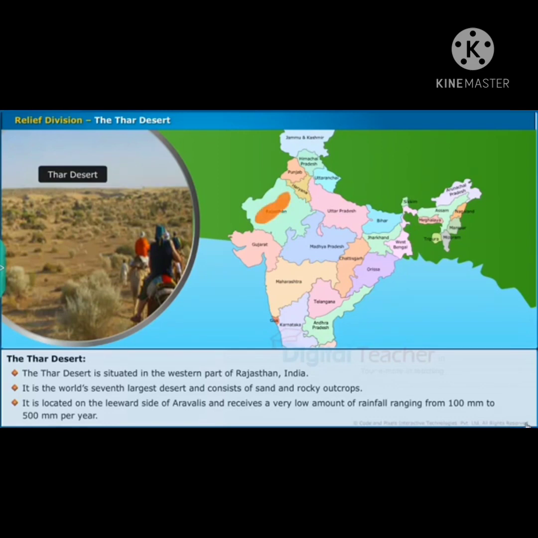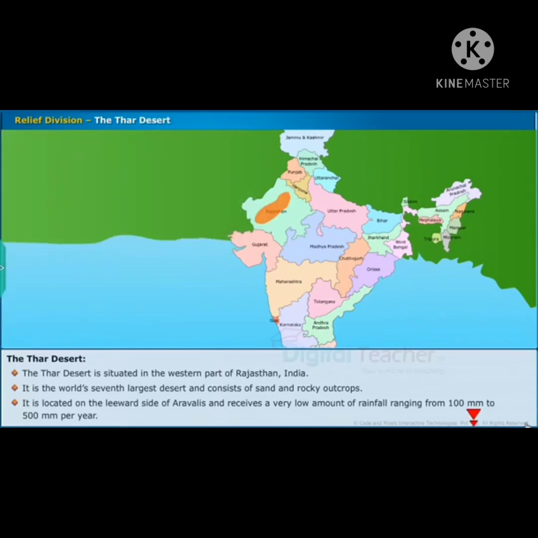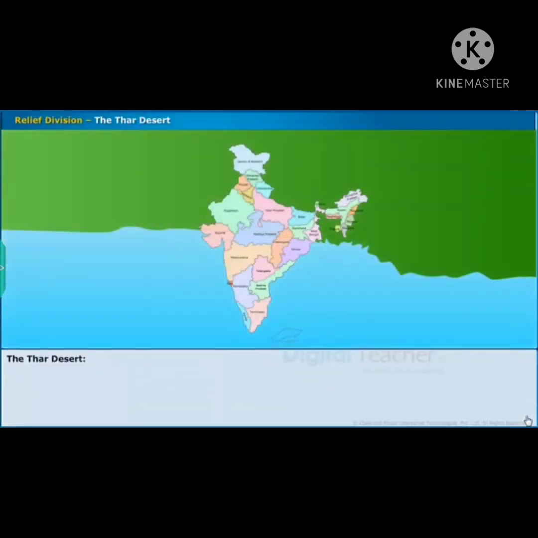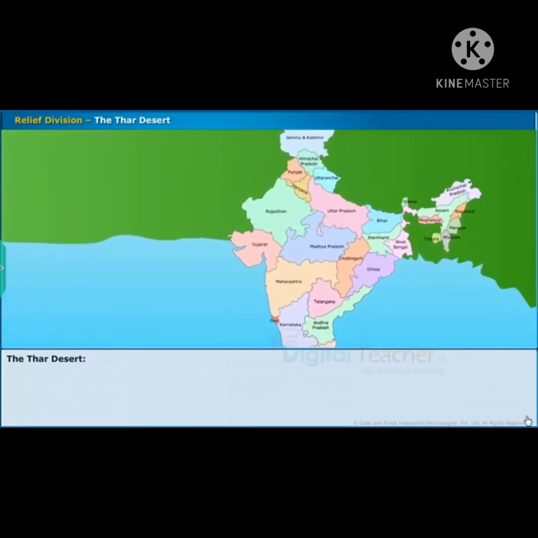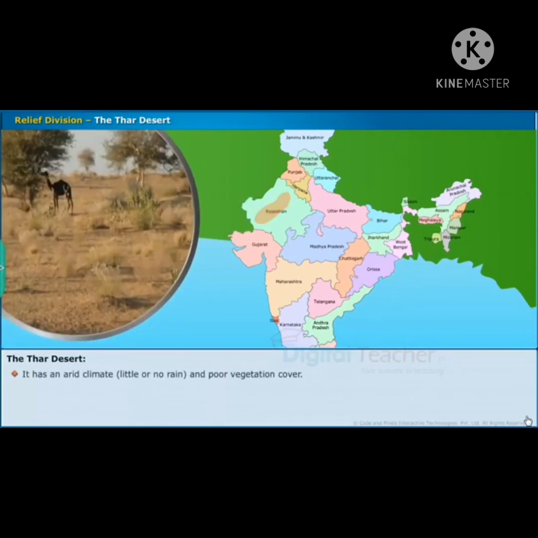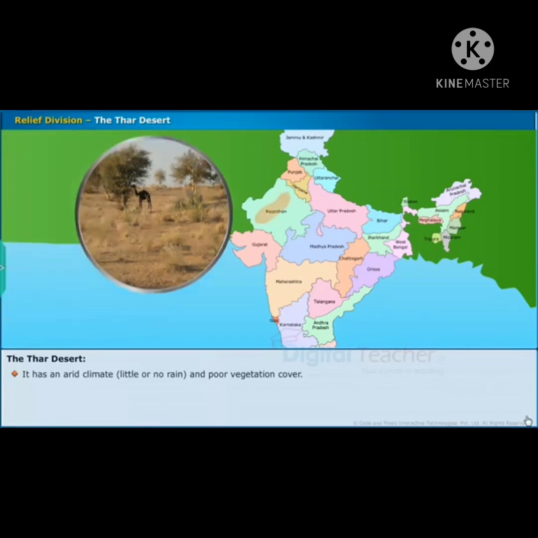It is located on the leeward side of Aravallis and receives very low amount of rainfall, ranging from 100 mm to 500 mm per year. The internal drainage rivers merge into lakes and do not reach the sea.